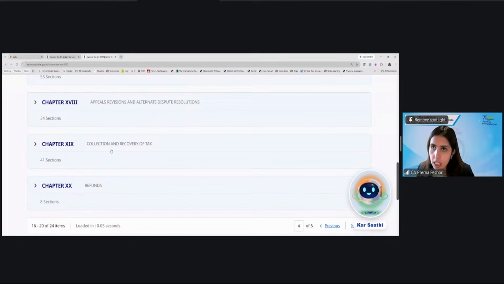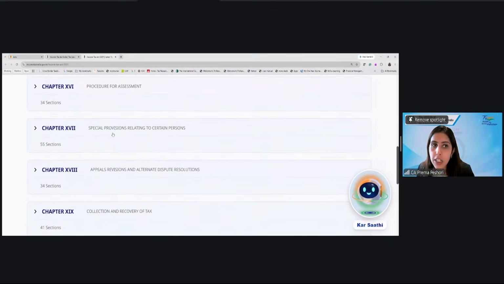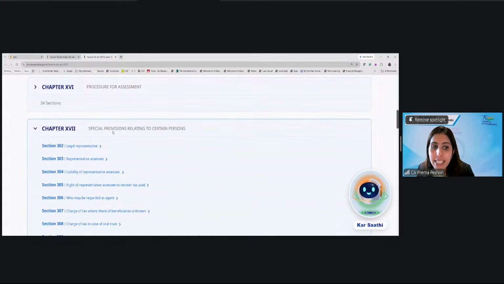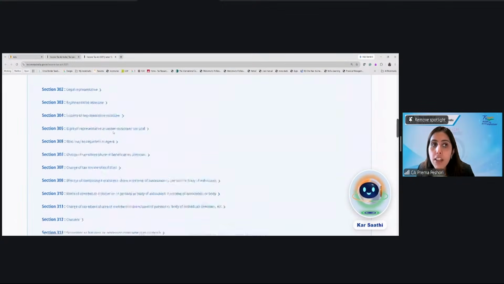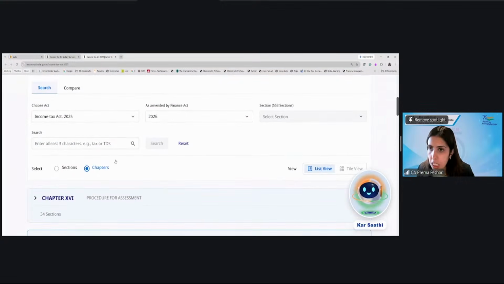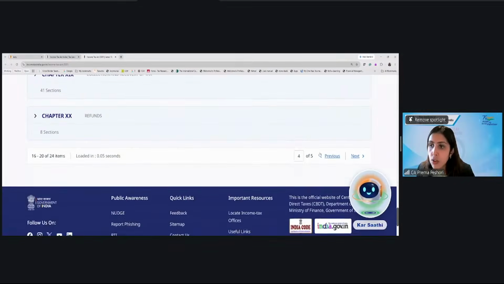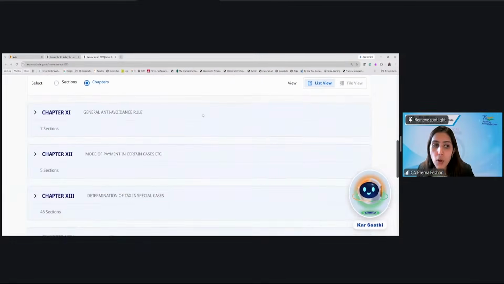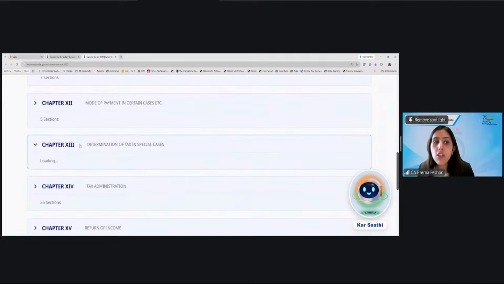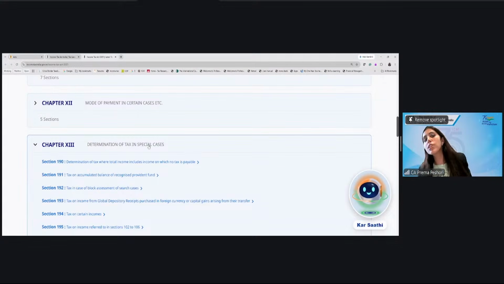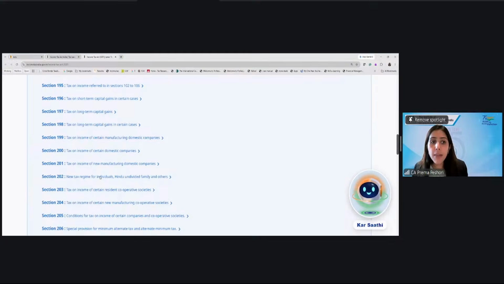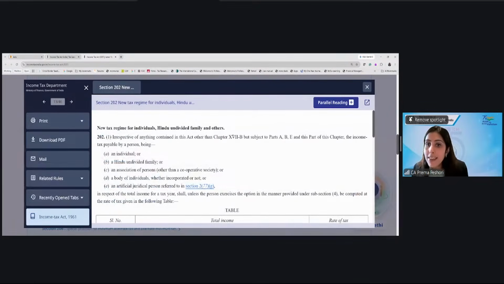There is chapter 17, but there is nothing called chapter 17B in the Income Tax Act. What they are talking about is chapter 13, which is the determination of tax in special cases. So section 202 should have mentioned chapter 13 and not 17B.